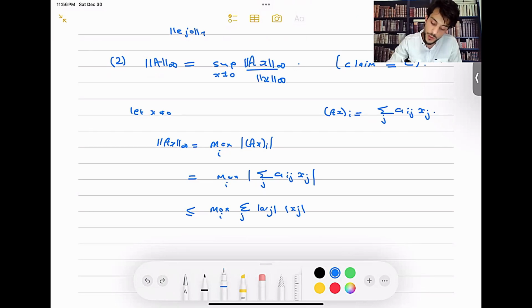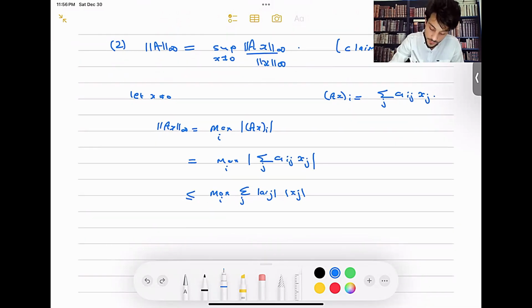So what we're going to do is pull the maximum outside of this whole thing by taking the maximum of the xj over all the j's. And we could pull it out because now it's independent of i.